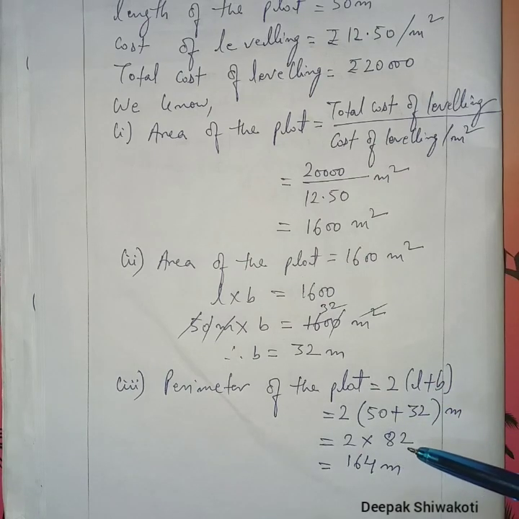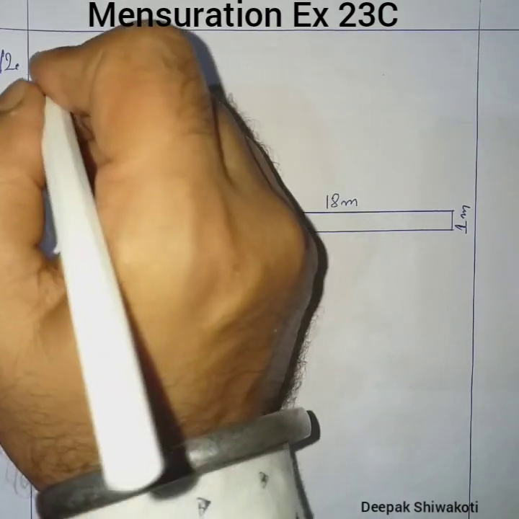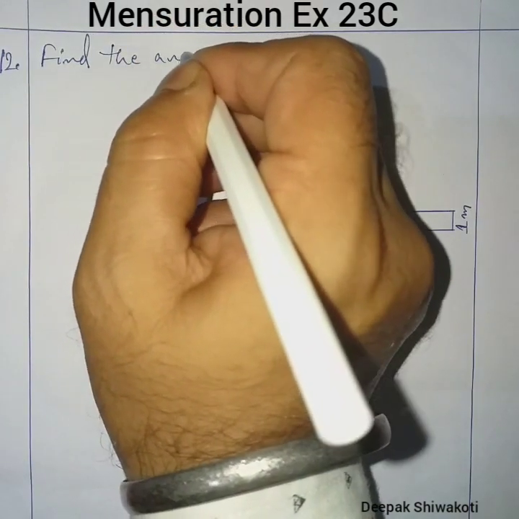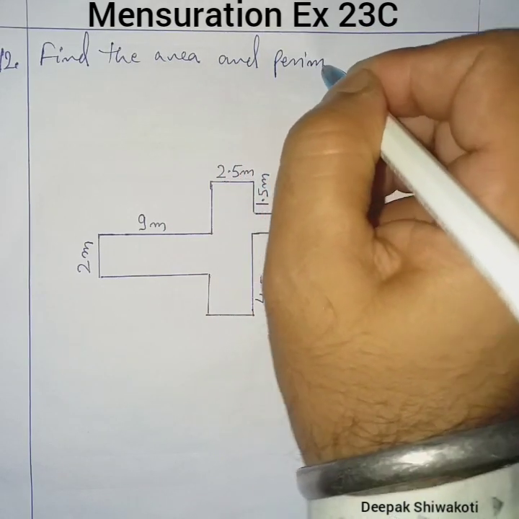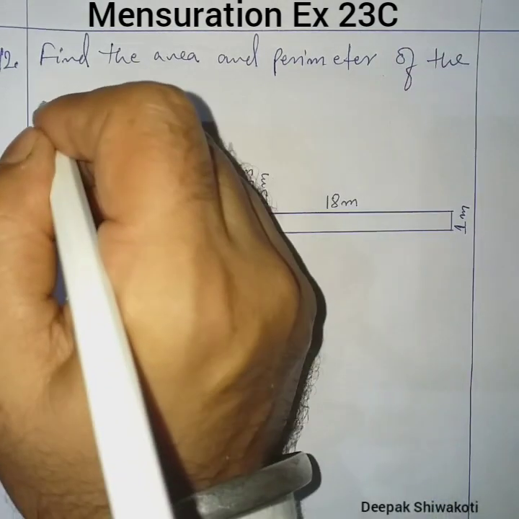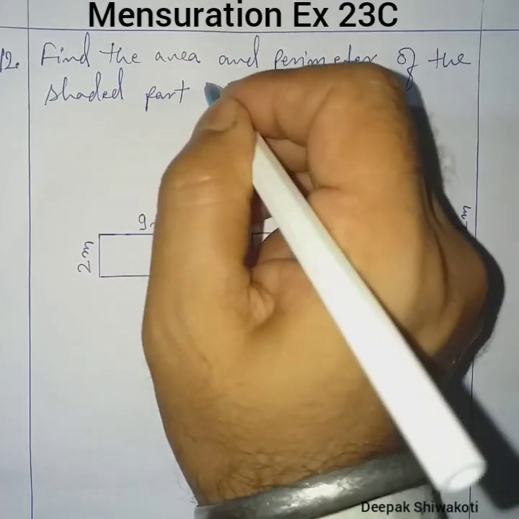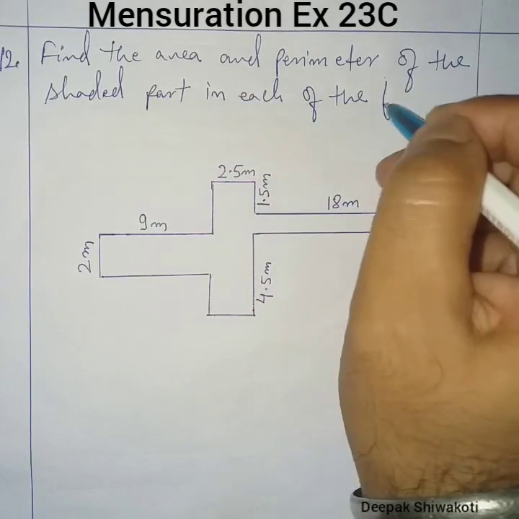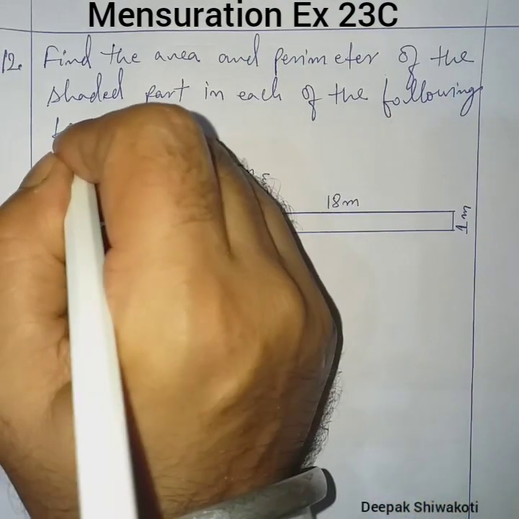Okay, question number 12. Find the area and perimeter of the shaded part in each of the following figures.